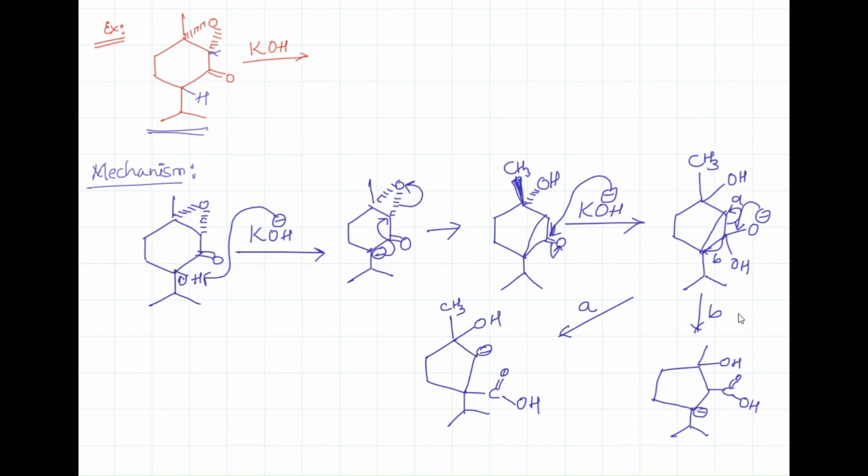So now tell which one is the major product. This is the major product as it is a secondary carbanion. That one is a tertiary carbanion. Secondary carbanion is more stable than tertiary. We know that primary carbanion is more stable than secondary, and secondary is more stable than tertiary. Hence, this product will be formed on acid catalysis.